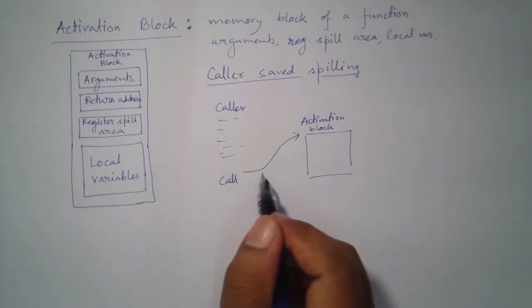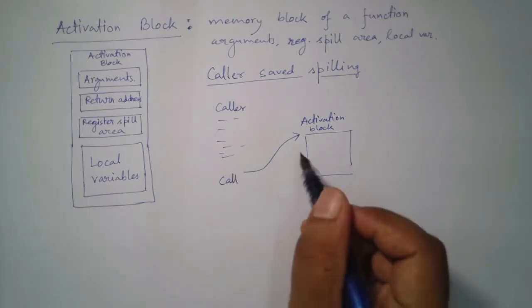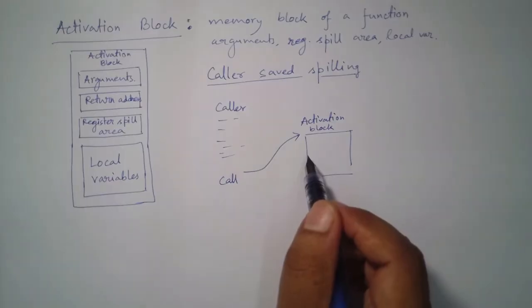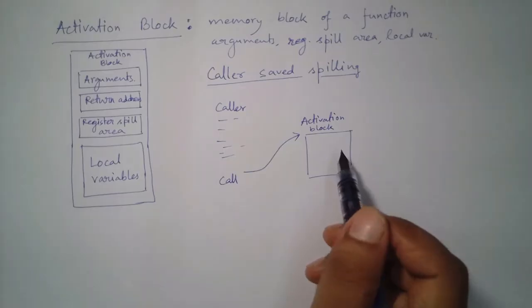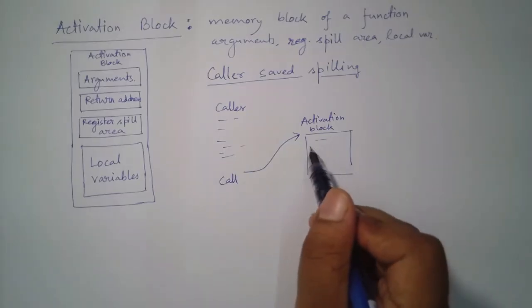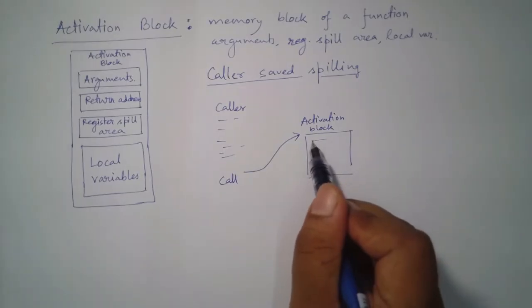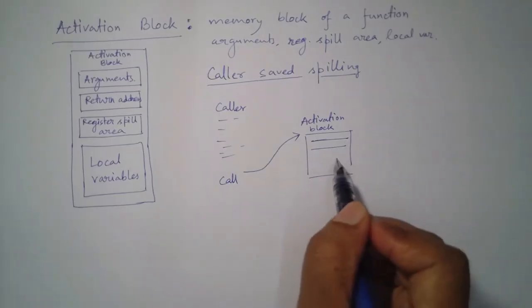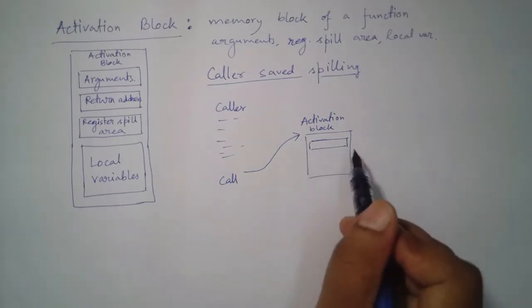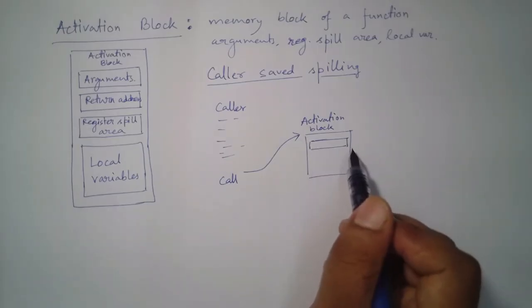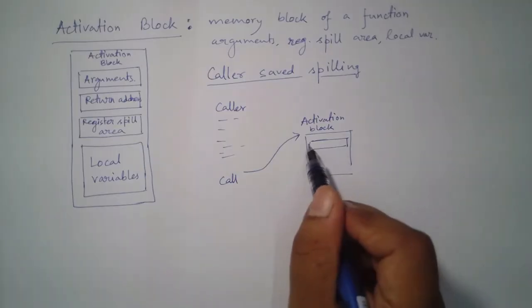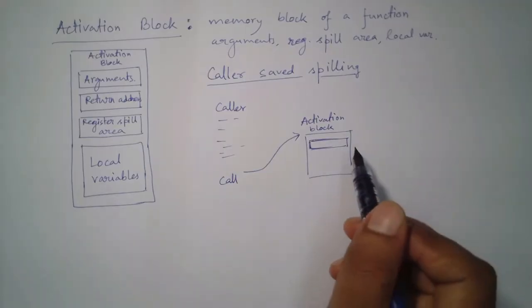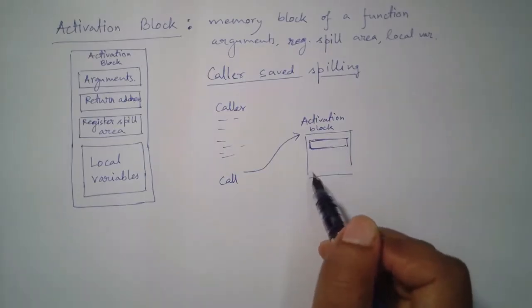So, first of all it will spill the registers, and then it will allocate the activation block of the callee. It will write the arguments to the activation block. All these arguments that need to be passed into this function will be written in this activation block's argument field only. Sometimes, if the registers are not enough, that is what you will be doing, and then you call the function.